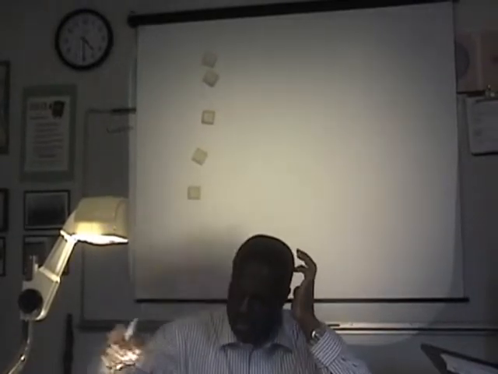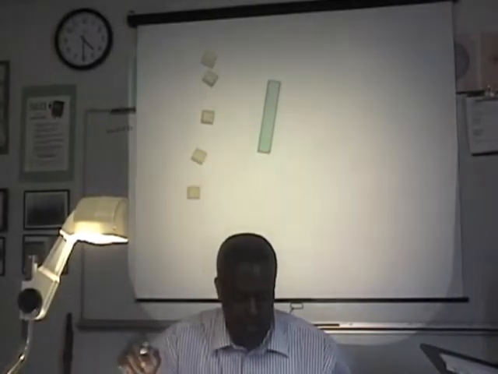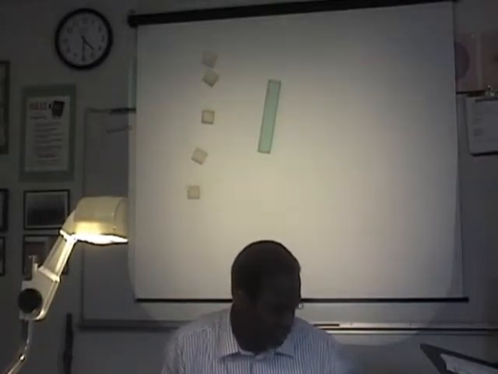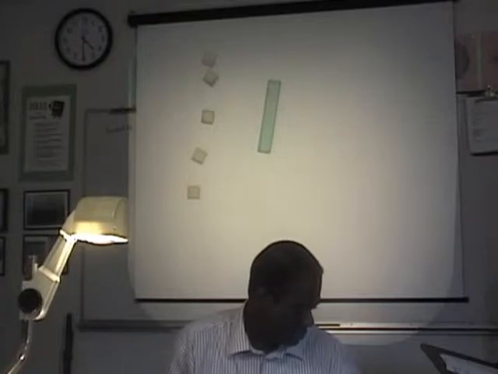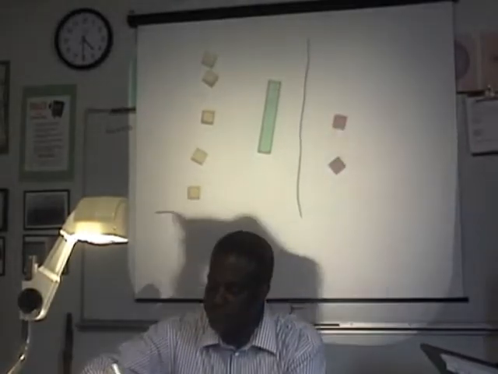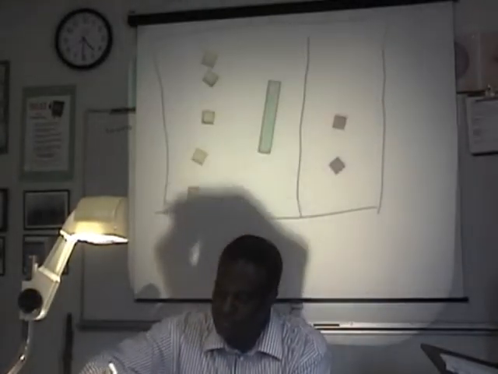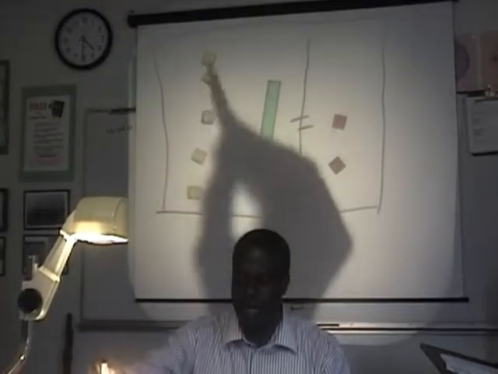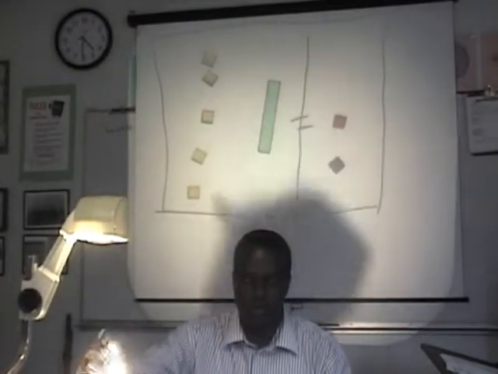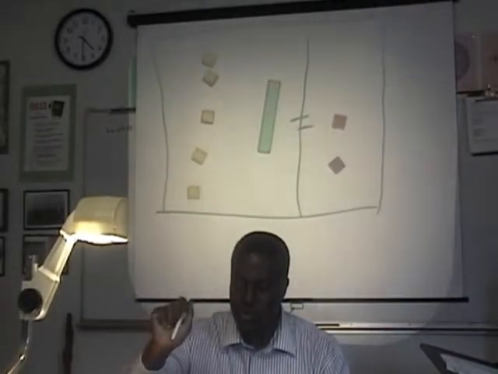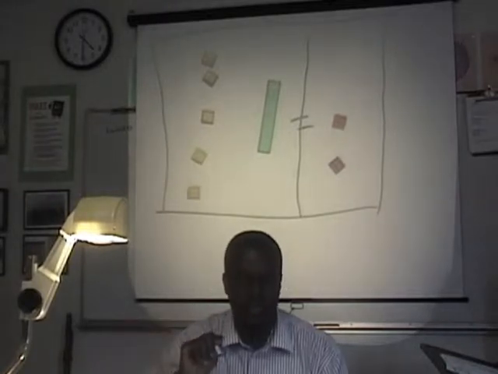X is green because x is positive. 5 plus x equals negative 2. You should have 5 yellow small squares, 1 green rectangle, plus 2 small red squares. And that's the answer. Very good.